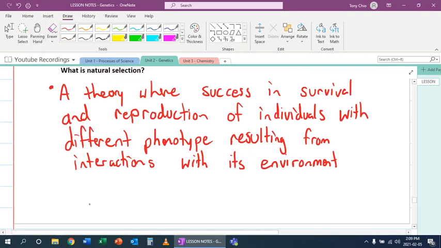Let's say, for example, a brown bear went to the Arctic, which is full of snow and ice. It had a mutation that allowed it to have white fur. That interaction with its environment allowed it to have success. But if that brown bear did not have that mutation, then it would not have that success. So that is the theory of natural selection.